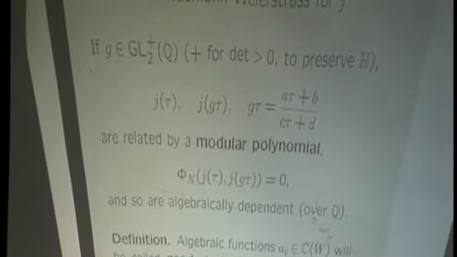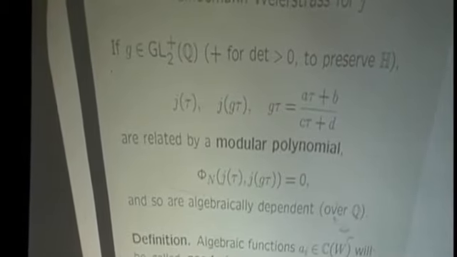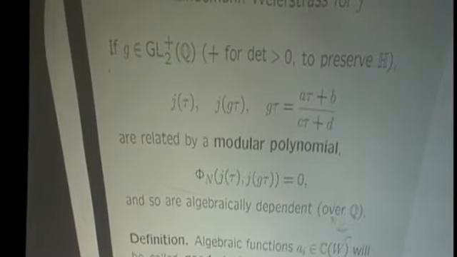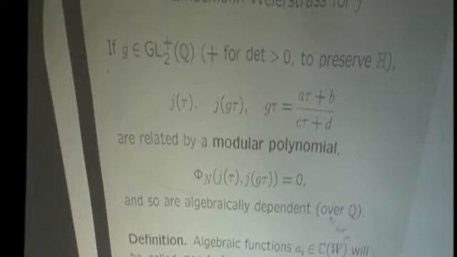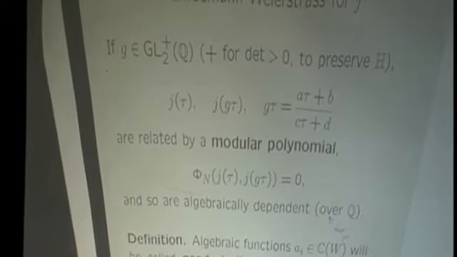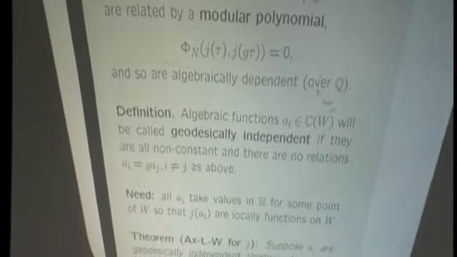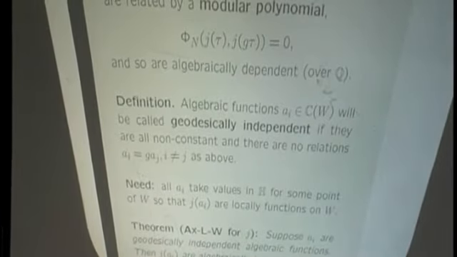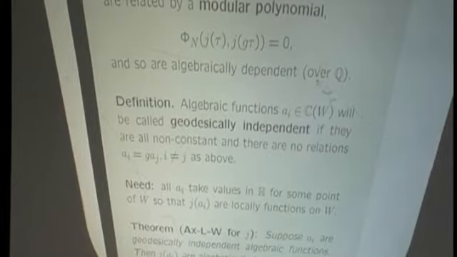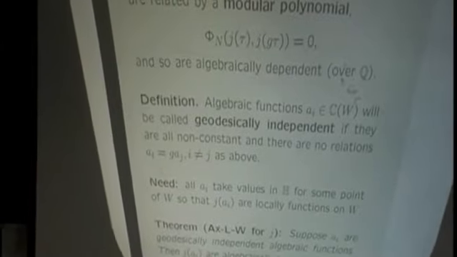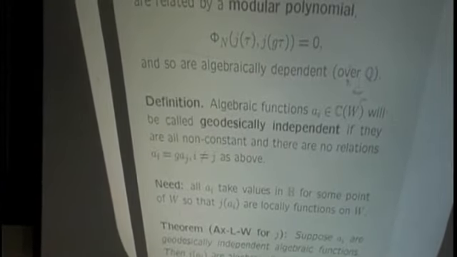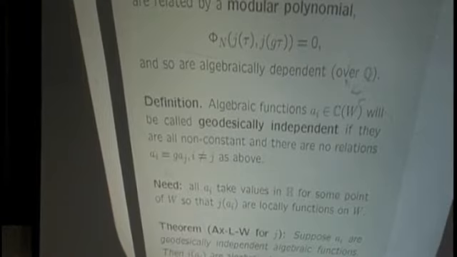If G now is a 2x2 rational matrix with positive determinant, then the two functions J of tau and J of G tau, acting as fractional linear transformation, are algebraically dependent. So that's the bimodular relation. One needs to know essentially that the modular relations are the only relations between the J functions of algebraic functions. So let me say precisely what one needs.